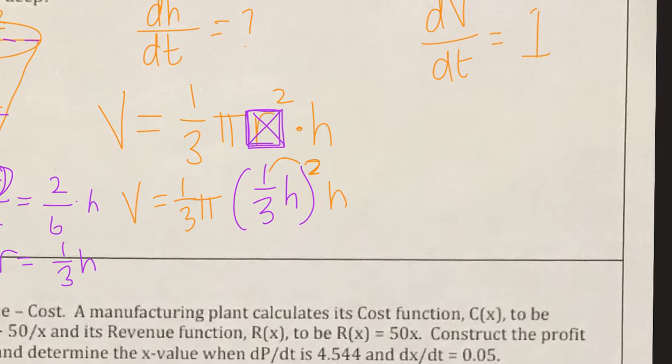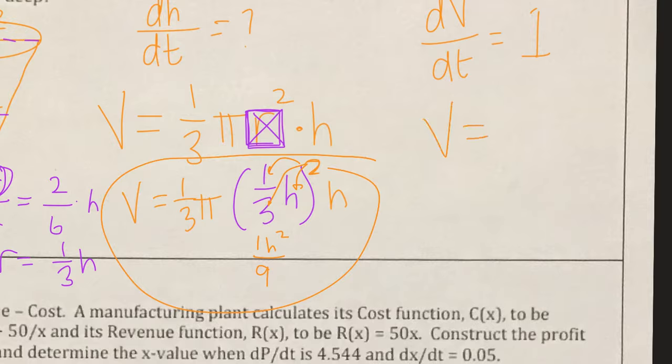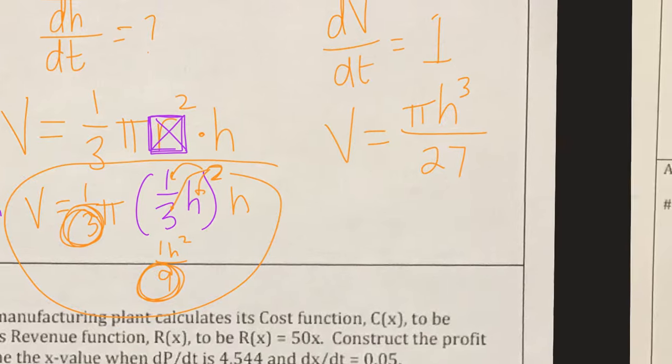Squaring, I have to square all three pieces: I square the 1, I square the denominator, I square the h. That gives me 1h squared over 9. Now I can simplify this whole thing to one nice equation: pi h cubed, all divided by 27. I have a 3 on the bottom and a 9 on the bottom, that's 27. Everything else is a numerator.